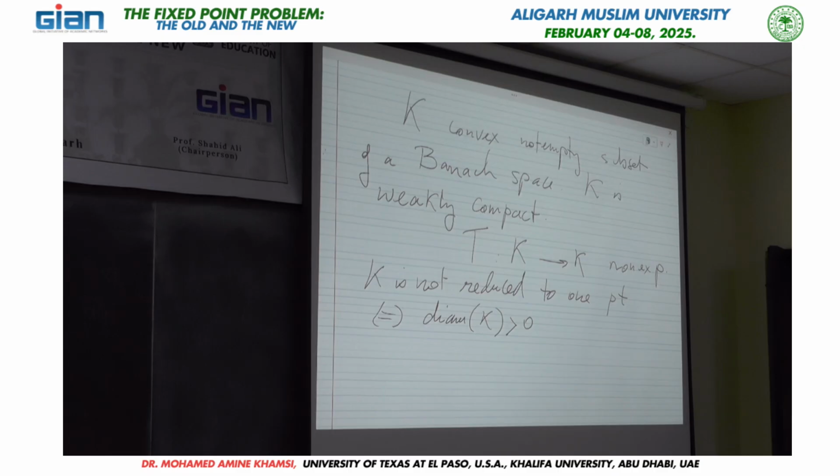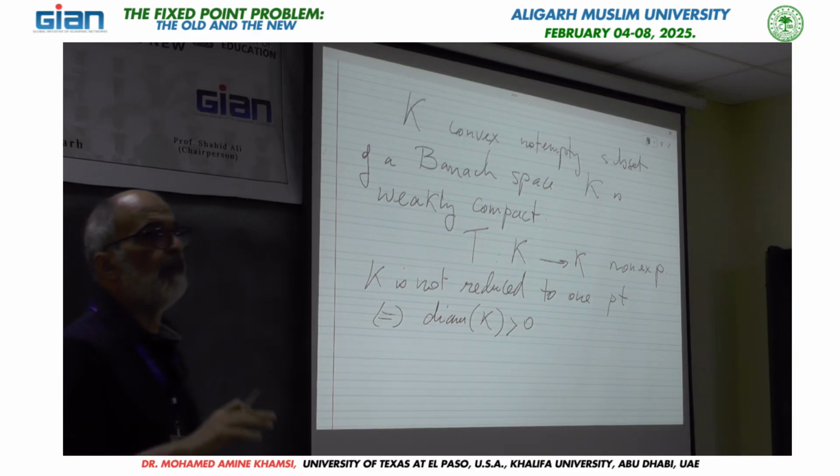Of course, you may ask me, is it bounded? Yeah, because it's weakly compact. Since it is weakly compact, it is bounded. Okay? So this is the general picture of 1965.